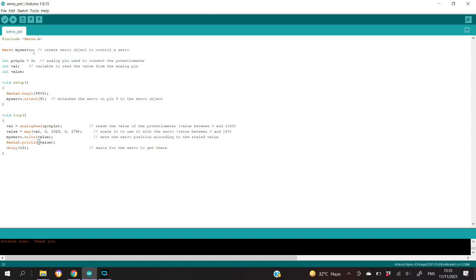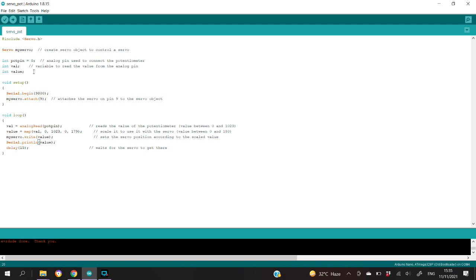and this line declares that our potentiometer is connected to pin 0 of the analog pins, which is A0, and then we declare a variable named val to read the potentiometer value, and the value which will represent the scaled value from the potentiometer.